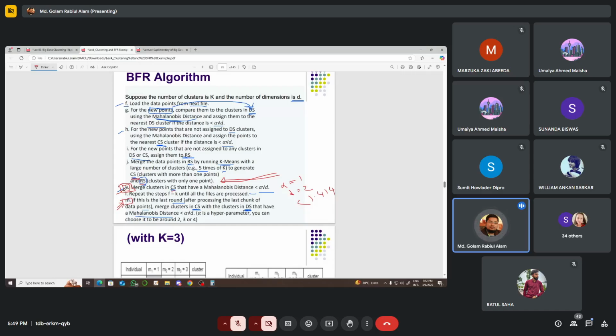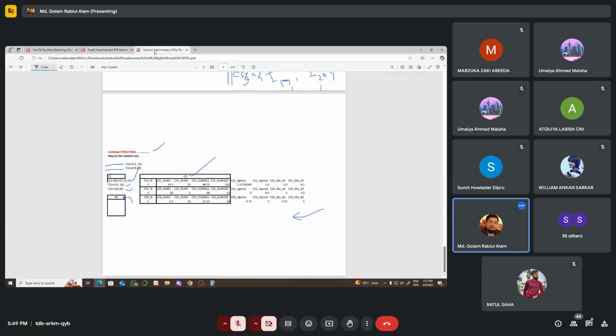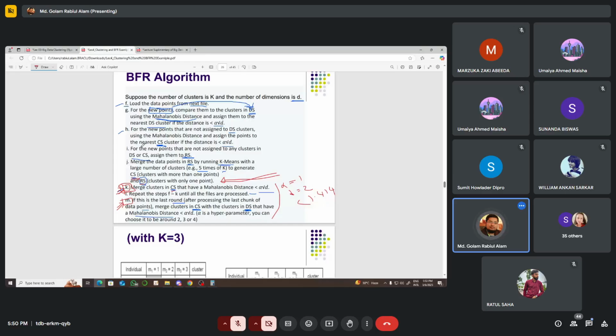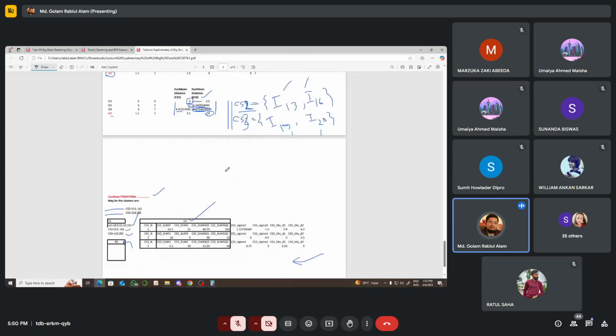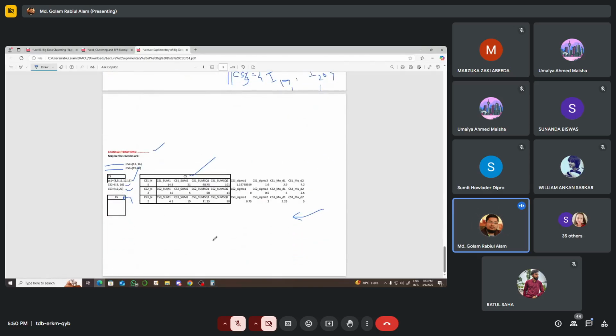So this is your assignment: apply these two steps in this example and complete the algorithm. If you want to apply them, you need to understand whatever I have done so far.